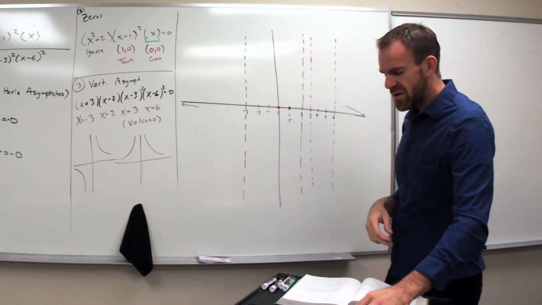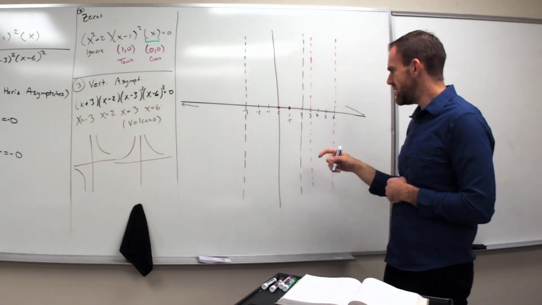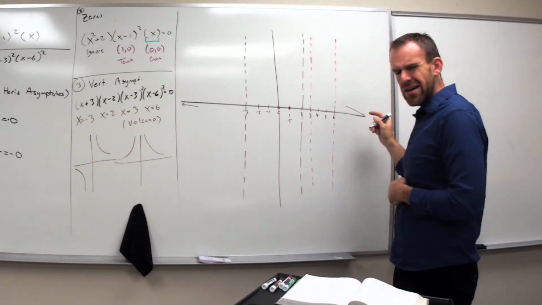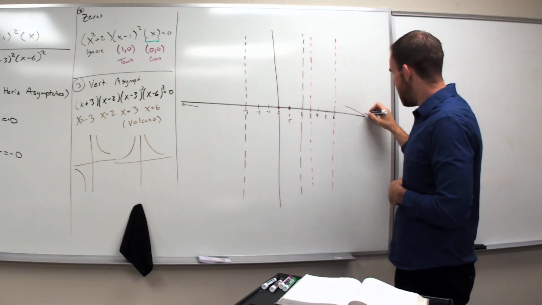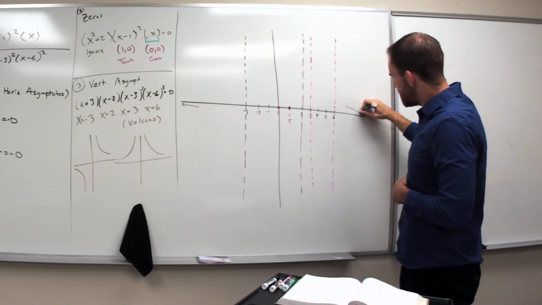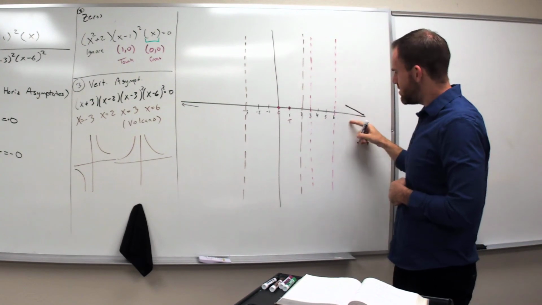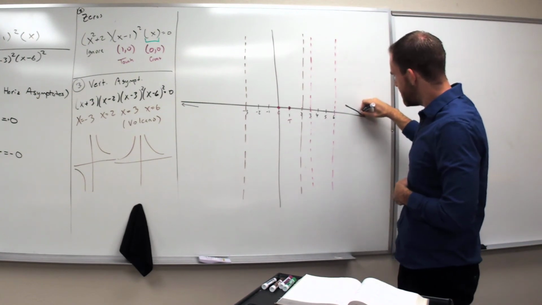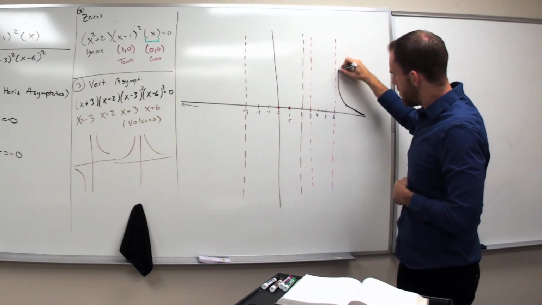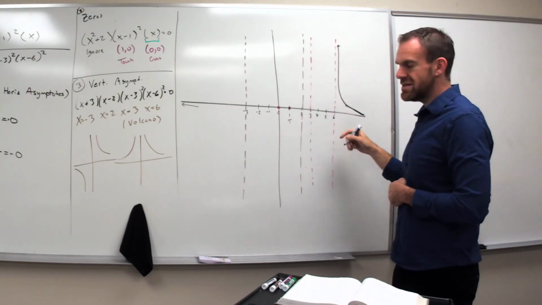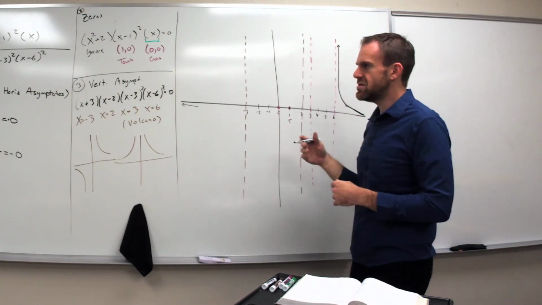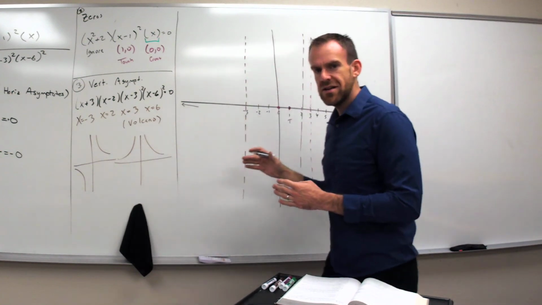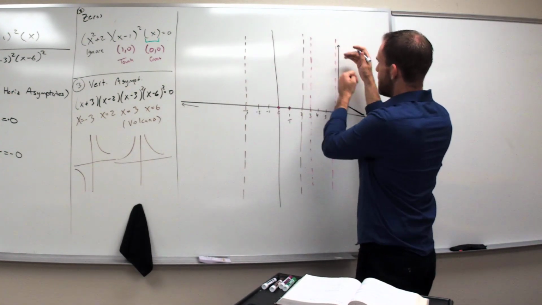So now that we've done all of that, let's start connecting the dots. I'm going to start here. I don't know why I always start at the right side, but I do. So we'll go up this way. Since there's no 0 here, my only choice is to go up the asymptote. Now, since this is a volcano, it's to an even power, then it's going to come from the same direction.